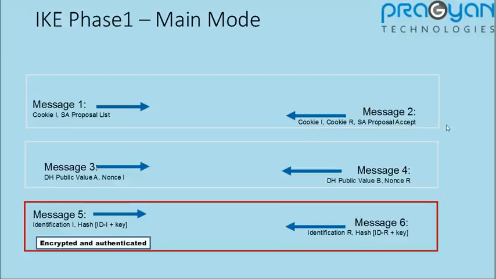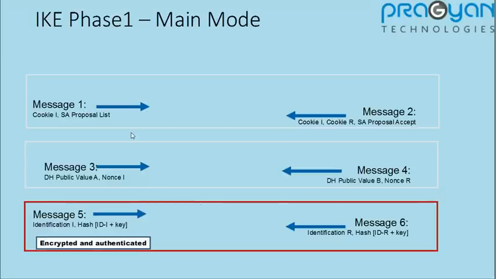And then the responder is going to send messages 2, 4 and 6, put them into a single message and send it to the initiator. And then the initiator will send the 5th message at the end, which will actually be the 3rd message, and then your phase 1 is done.